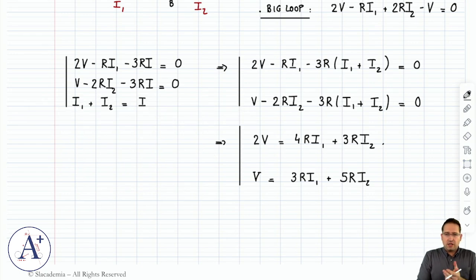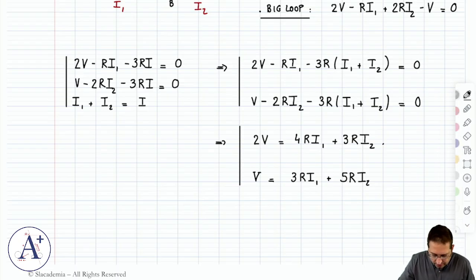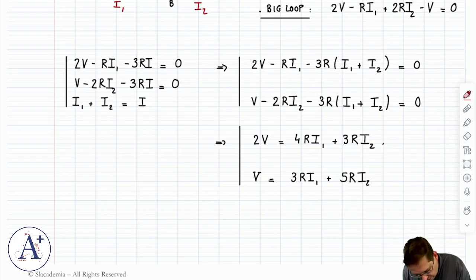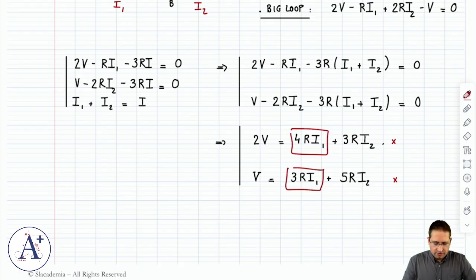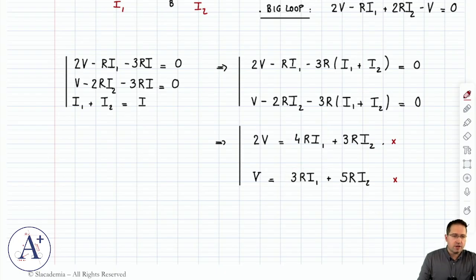So what I can do is express I1 in terms of I2, substitute into the other equation, or perhaps something that works really nicely with circuits is to try to get these multiplied so that one of the two terms is the same in both. So for instance here, if I multiplied this by 3, I would get 12RI1, and then if I multiplied this by 4, I would also get 12RI1, and then I can subtract my equations.